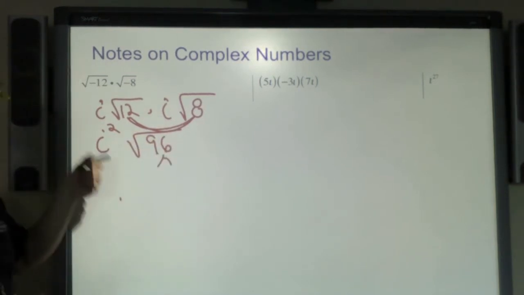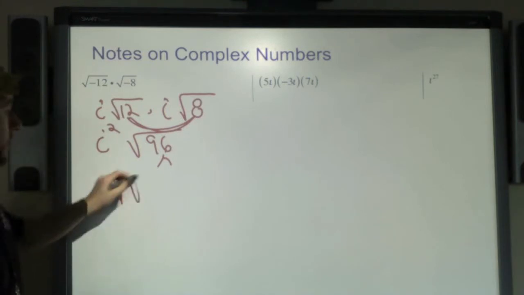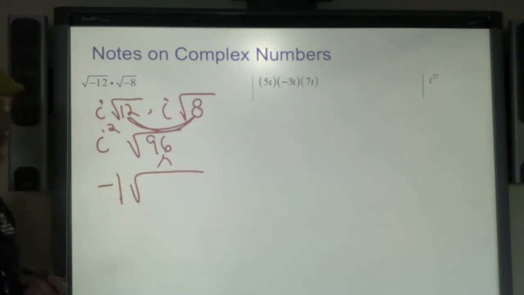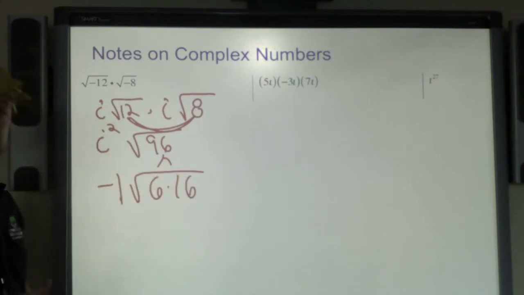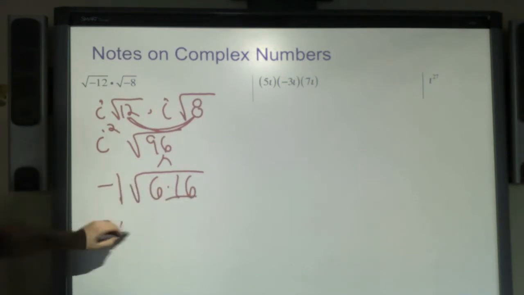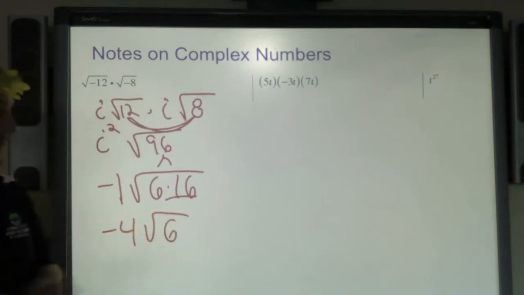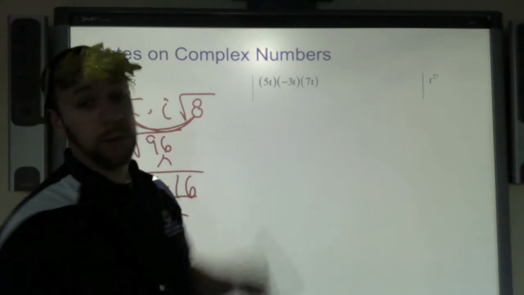And I know i squared is negative 1. And then I break down the square root of 96. 2 times 48, 3 times 32. I could do 6 times 16. Because I know that the square root of 16 is 4. So I would be left with negative 4 square root of 6. And then I'm done.